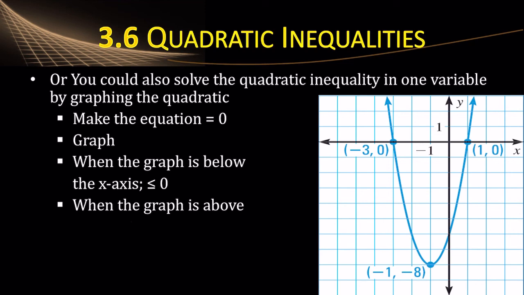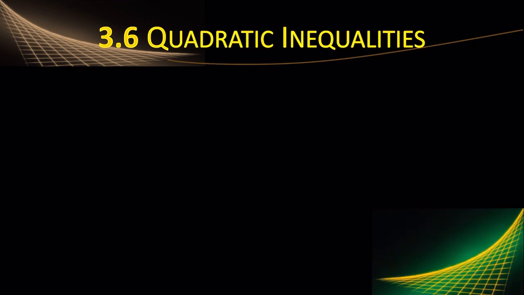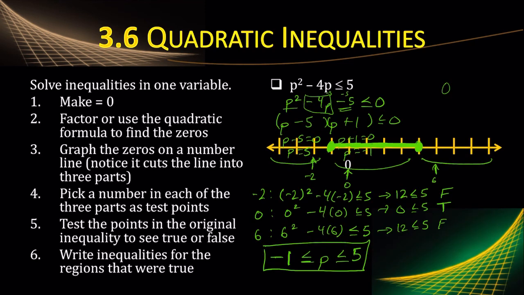So, if we went back to our previous problem, this is the equation here, the inequality, that was compared to 0. Notice p is positive. It's a positive a, so that means it's opening up.